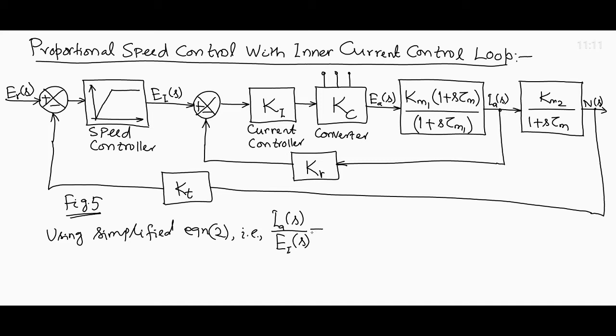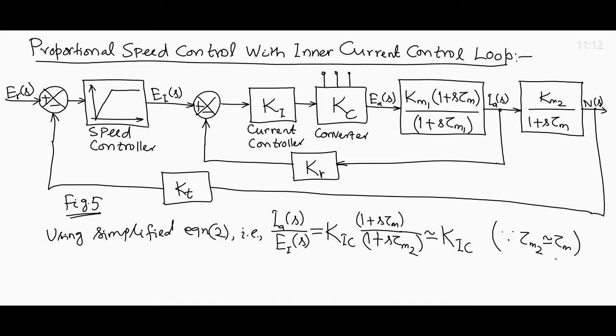So this is the current transfer function, which is KIC into 1 plus S tau m divided by 1 plus S tau m2, and this is nearly equal to KIC, since tau m2 is nearly equal to tau m. So there is a pole zero cancellation, for which the current transfer function is KIC.